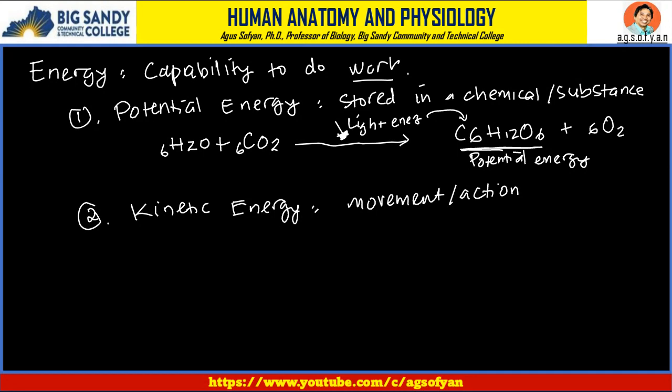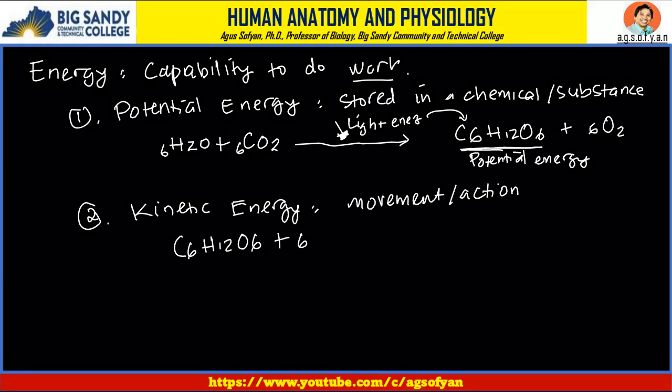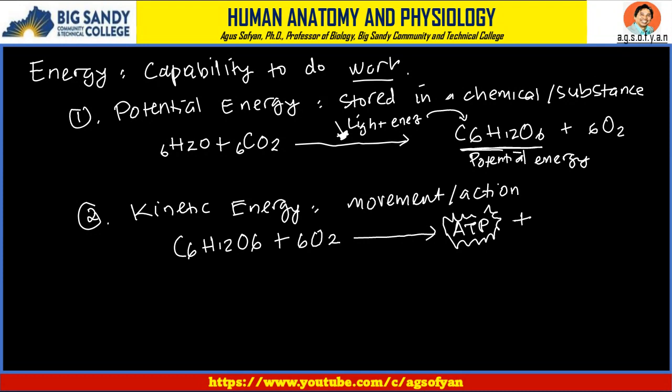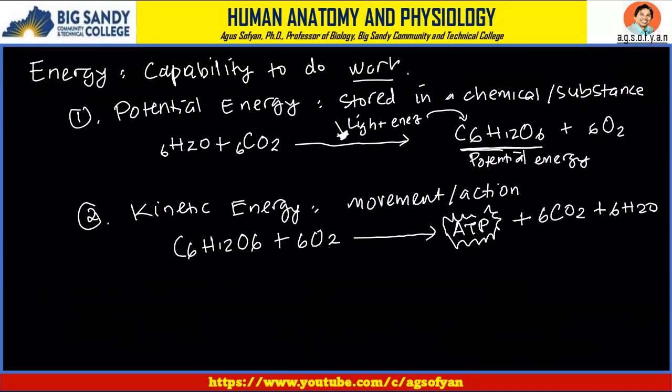Now for kinetic energy. This is when we use the potential energy, the sugar, and we burn it with oxygen, then it produces ATP that can be used for many actions, and the byproducts will be carbon dioxide and water.